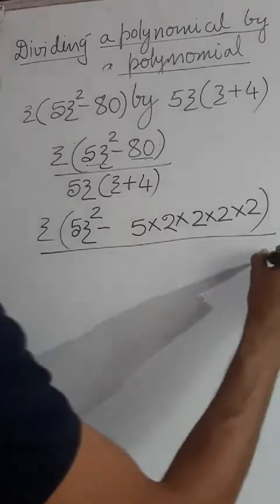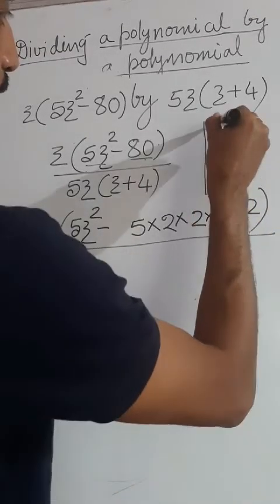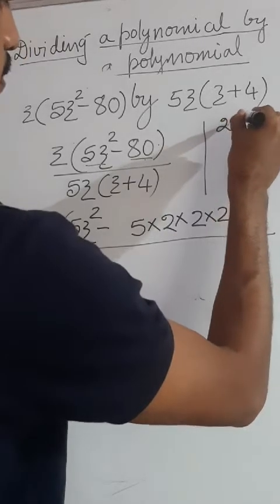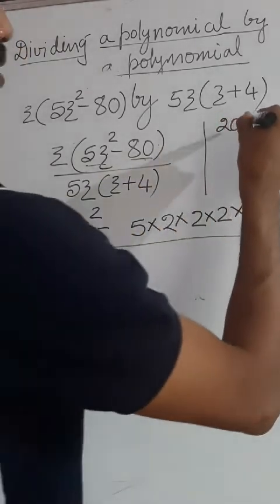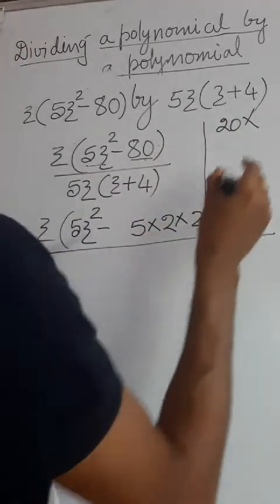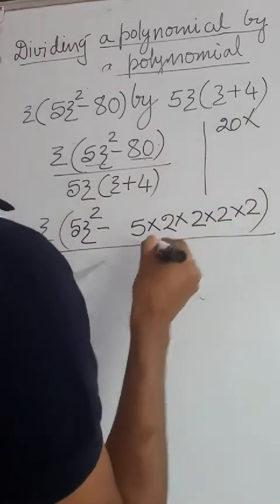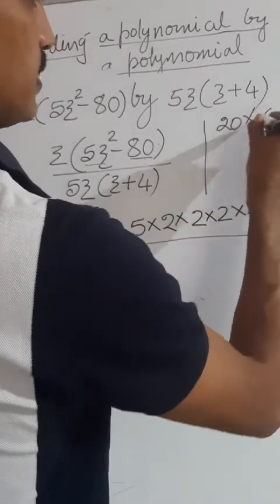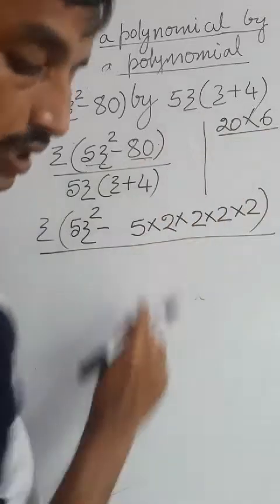Correct? As I was telling in earlier cases, if you write this number as 20 into 5 into 2, 10, then further simplification is possible.